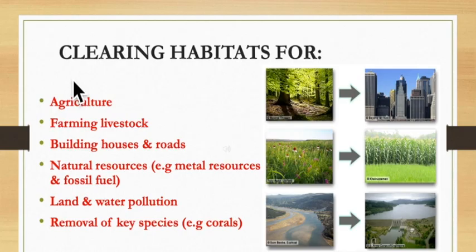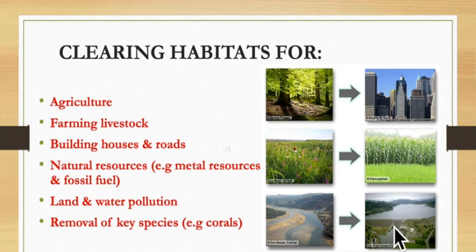So students, here are some reasons for clearing habitats, for example, agriculture, farming livestock, building houses and roads. Because we cut down trees or native vegetation to make land available for growing crops. See this picture? And for farming livestock in some parts of the world, and for building houses, factories, and dams.